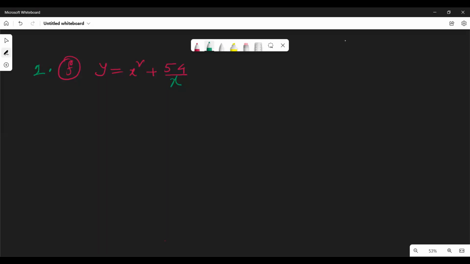The question is like this: y equals to x square plus 54 by x, which when it goes to the upper side will be 54 x inverse. Now we differentiate dy by dx. It will be d by dx x square plus 54 d by dx x to the power minus 1.